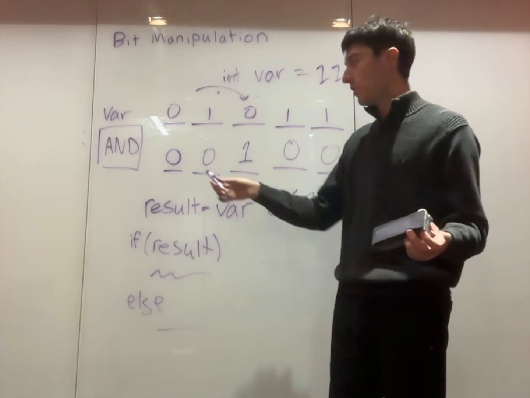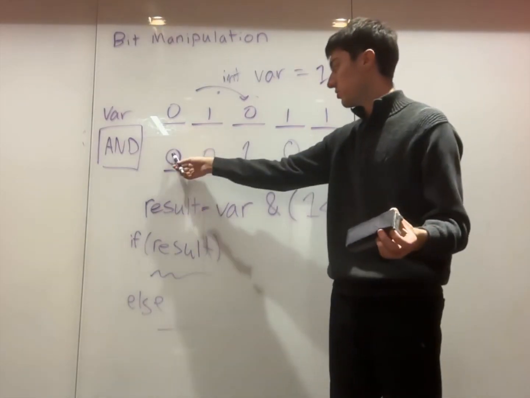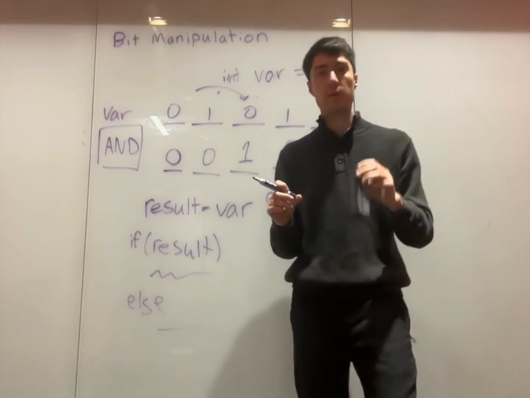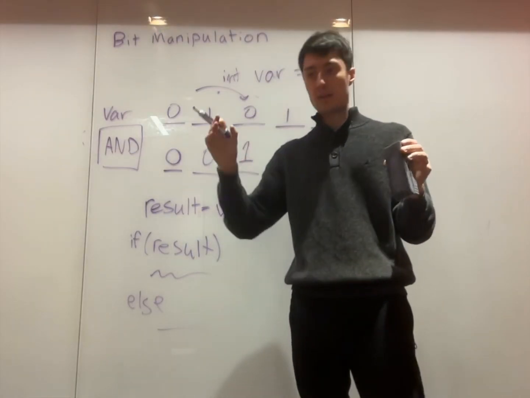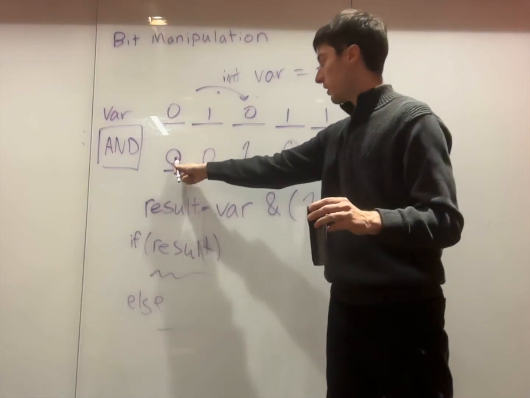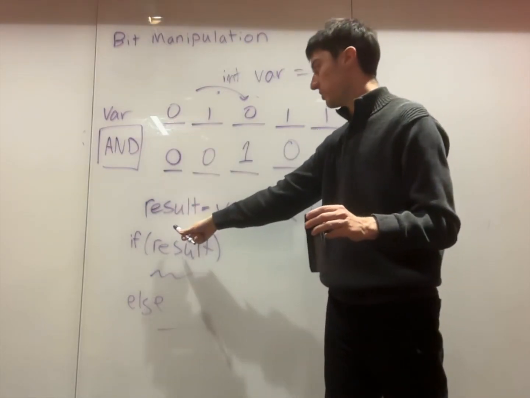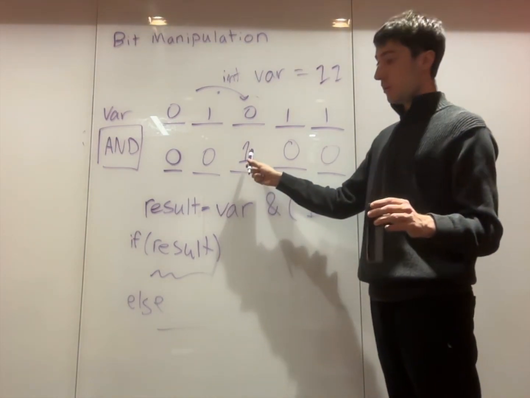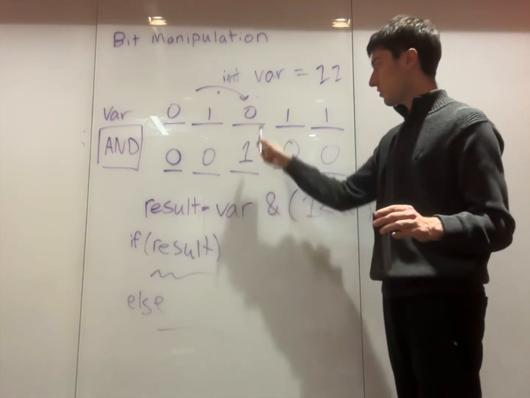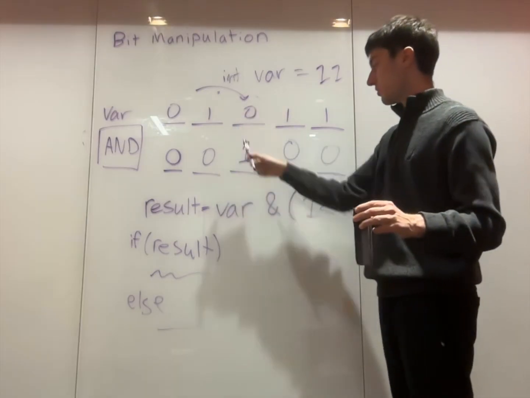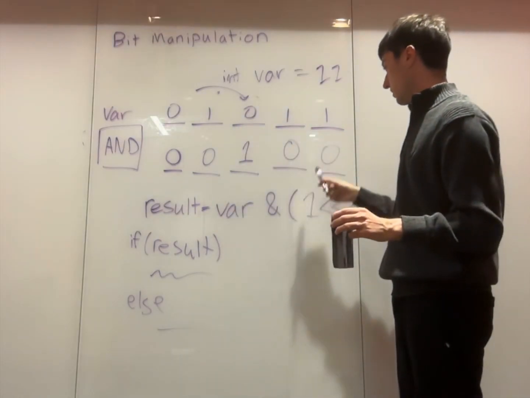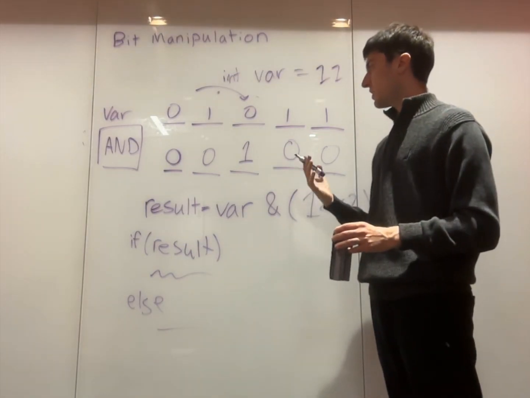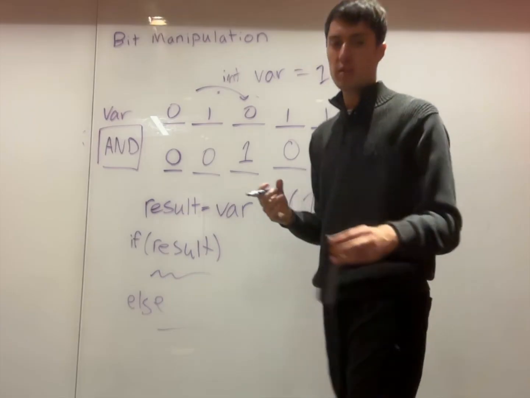With an AND operator, I put a 0 there. 0 AND anything is 0. So I set this 0, so it's always going to be 0. Always going to be 0. This 1, well, it carries this place. 0, set to 0, set to 0. Alright, so that is the main topics of bit manipulation.